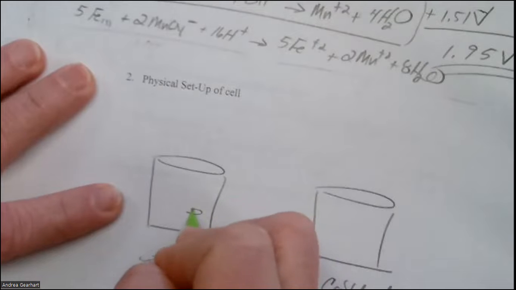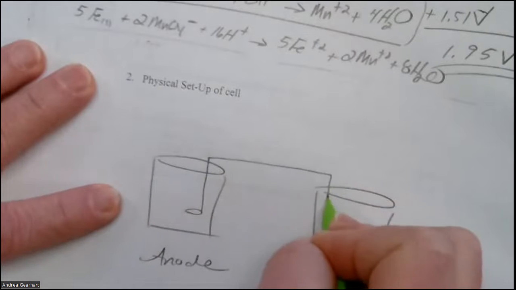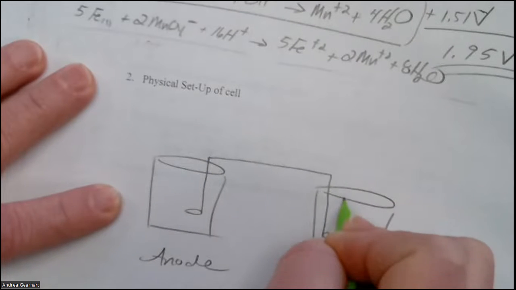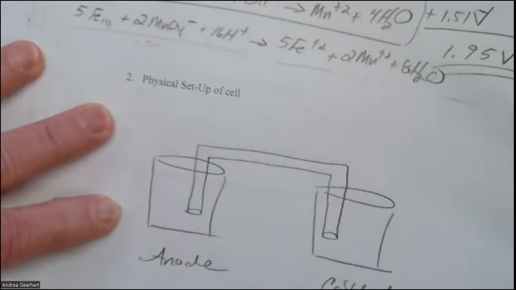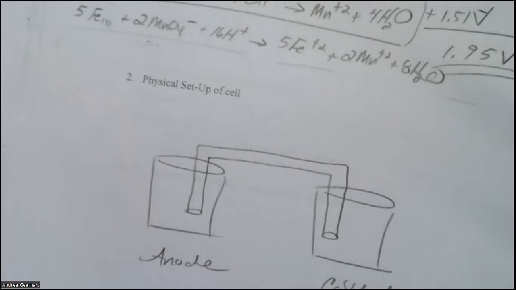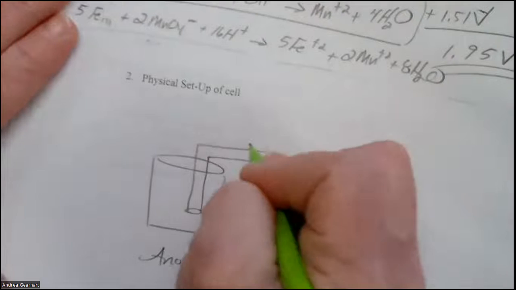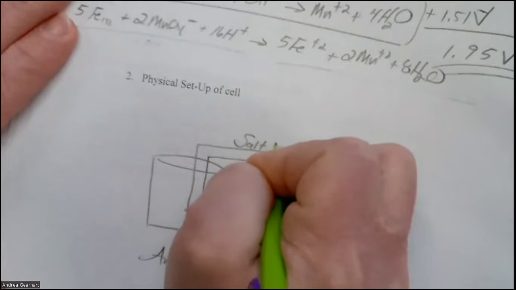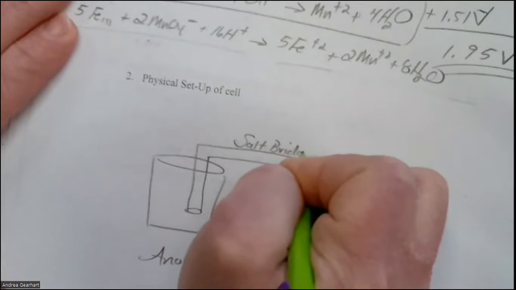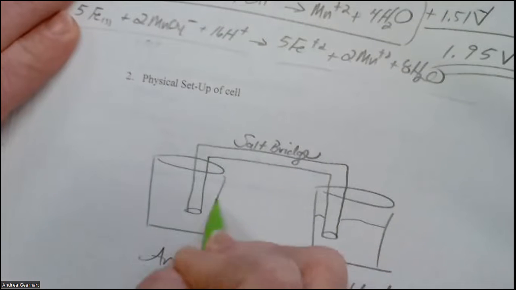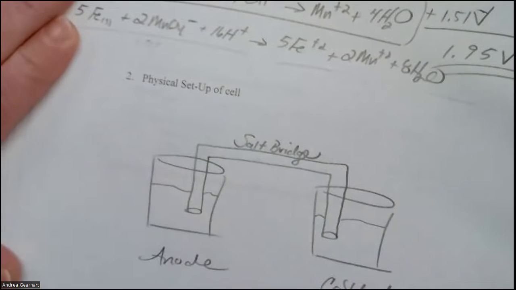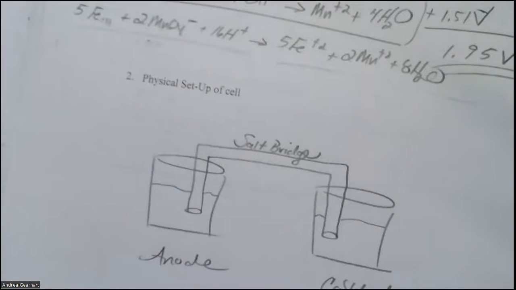Well, we know we're gonna have a salt bridge required. And unless you know what your salt bridge is composed of, we don't have to identify the actual formula. We can just say salt bridge. And we know we're gonna have aqueous solution because we have ions.